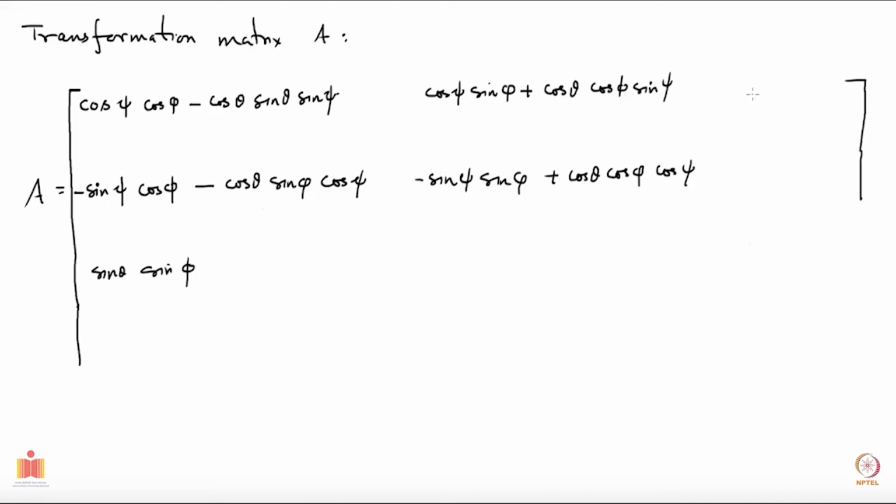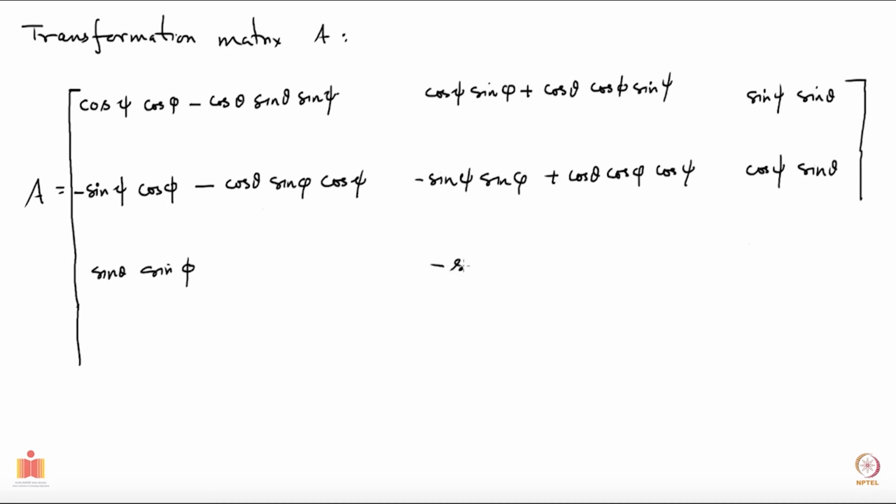Let's look at this one, sine psi, sine of theta, cos of psi, sine of theta. Let's check this one. Because theta is 0, it will give you 0. It's good. This anyway you expect to be 0, this term and this term and this term and this term. They all should be 0.